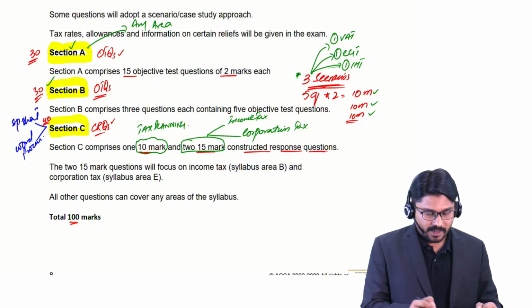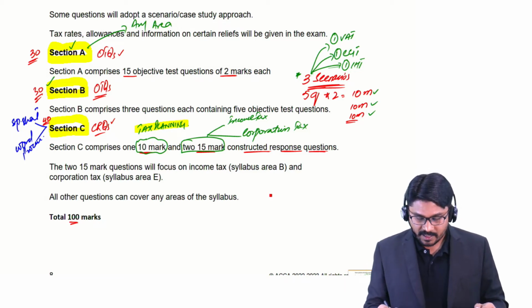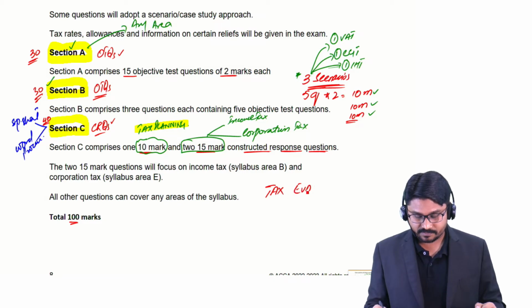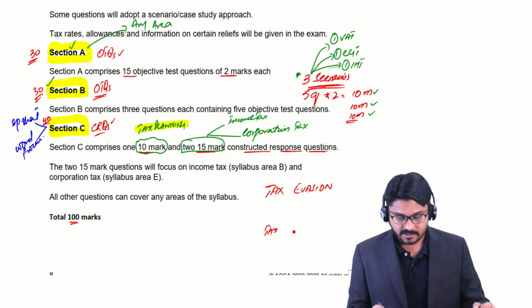Let me guide you on tax planning. There are basically 2 terms used in taxation. One of them is tax evasion. Another one is tax avoidance. Tax evasion means evading tax.